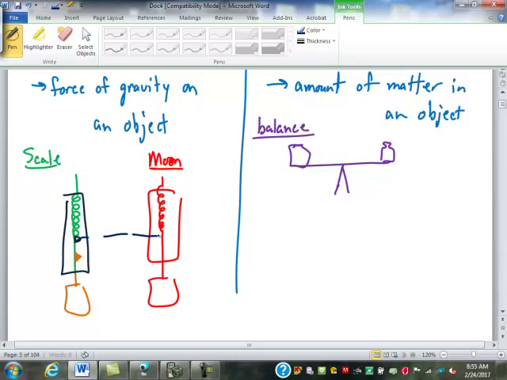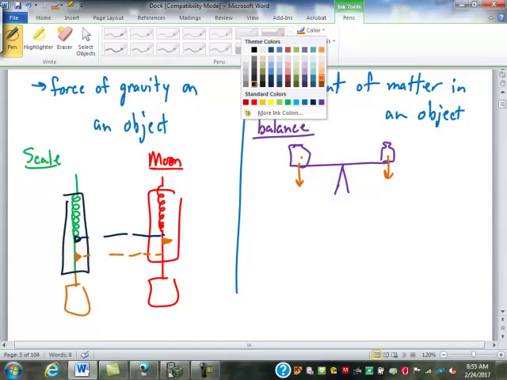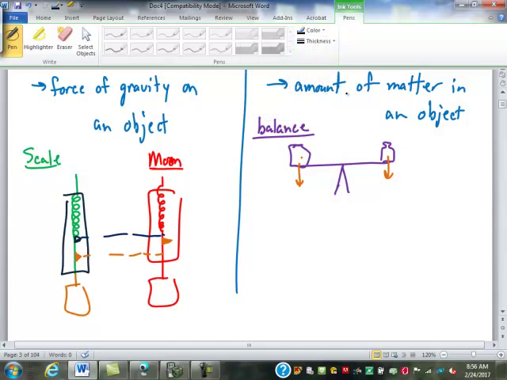So if it started out here, this is 0, instead of stretching all the way down to here, it's only going to stretch about 1/6 the amount. The force of gravity is less, the weight is less. With a balance on the moon, yes, what gravity is pulling on the object is going to be less, but what gravity pulls on the known mass is also less. So mass will not change depending on the gravity that you're in. So mass stays the same. Mass is constant. Weight depends on gravity.